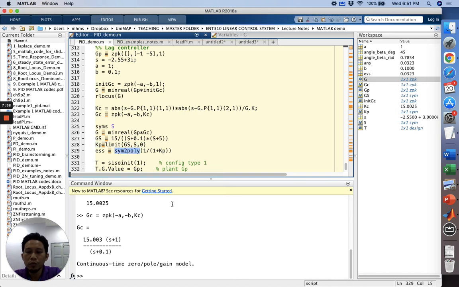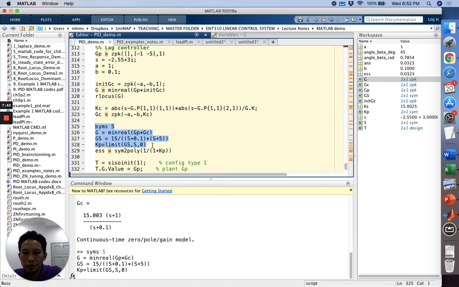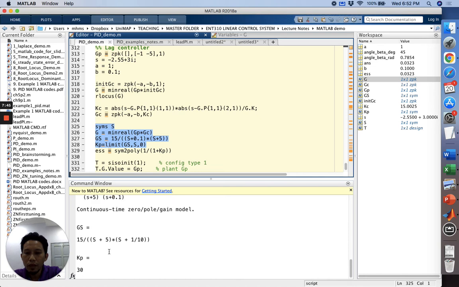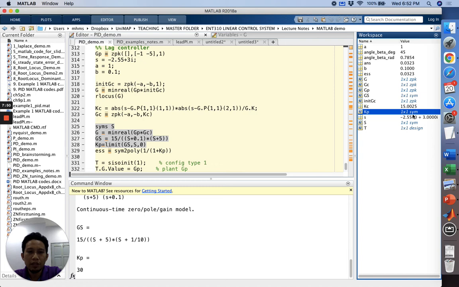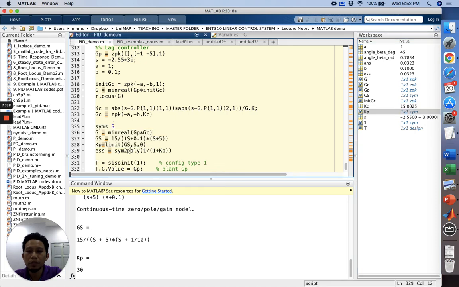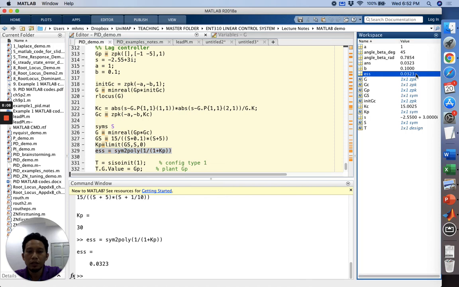Here I use sym2poly because when we run this, our Kp is symbolic, so we need to convert it to numbers. So our ESS here is in numbers. It is 0.032, which is 3.2%.